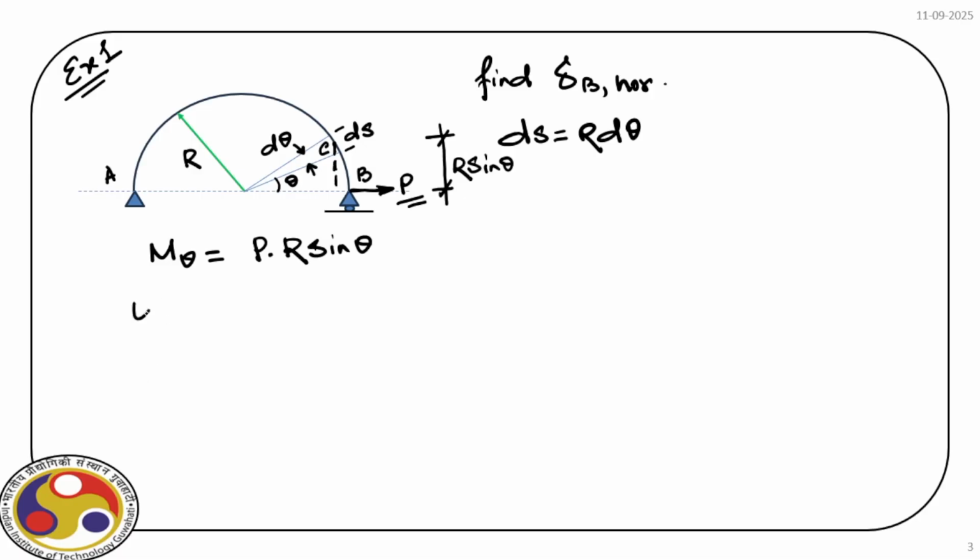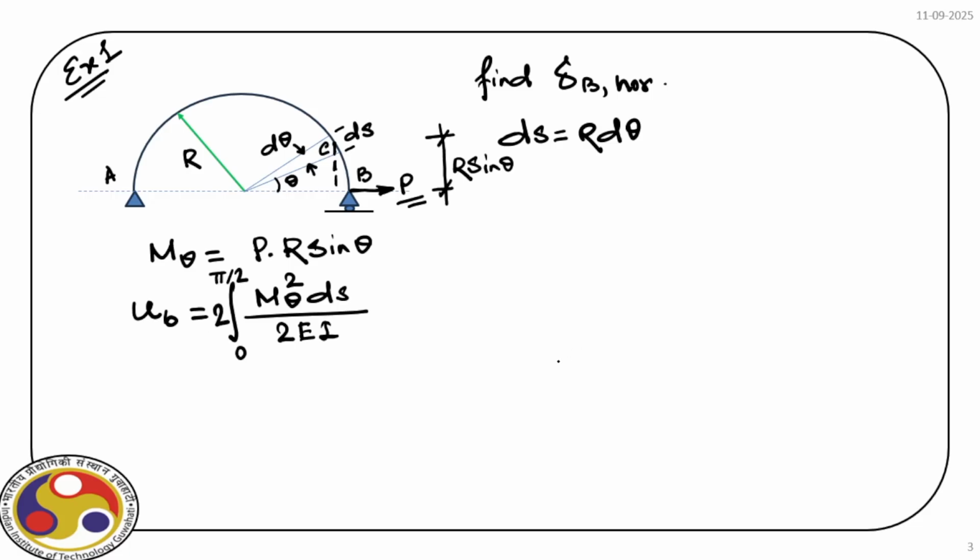So the strain energy due to bending at this location, we can find out. So that is M theta square times ds divided by twice EI, and that we integrate between 0 to pi by 2.